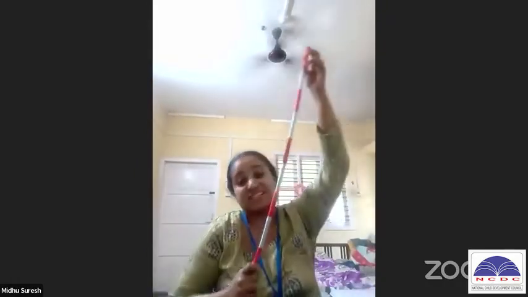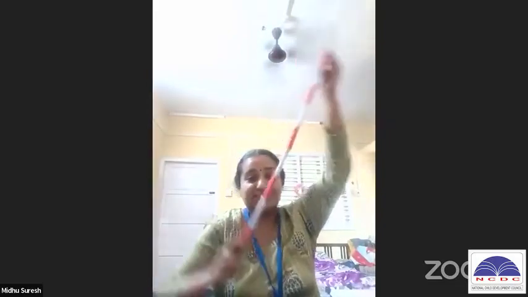I have the numbers from 1 to 10, up to the big stick. In that way, I will ask the child to match the numbers. First I will ask for 1, so the child can match.